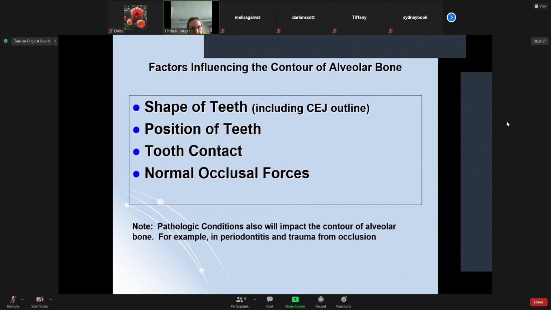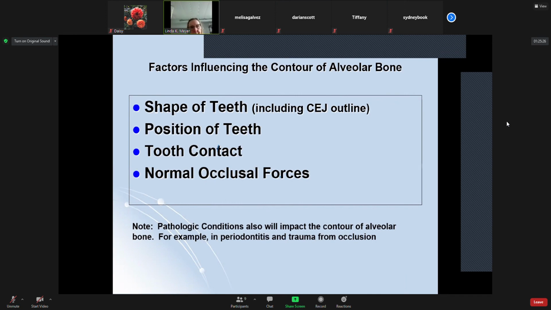Okay, I just want you to understand though that pathologic conditions are also going to affect the contour of alveolar bone. For example, in periodontitis, there's going to be bone loss. And also trauma from occlusion. Excessive occlusal forces acting on a healthy periodontium can impact the contour of the alveolar bone.